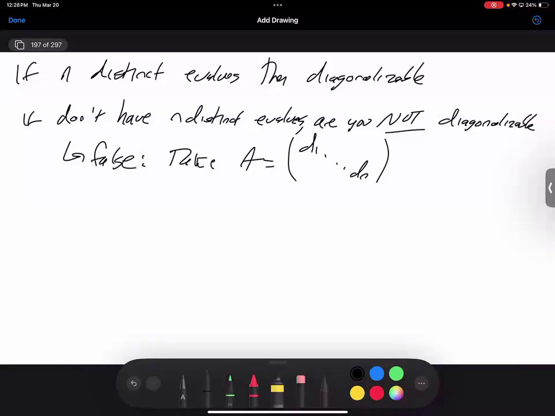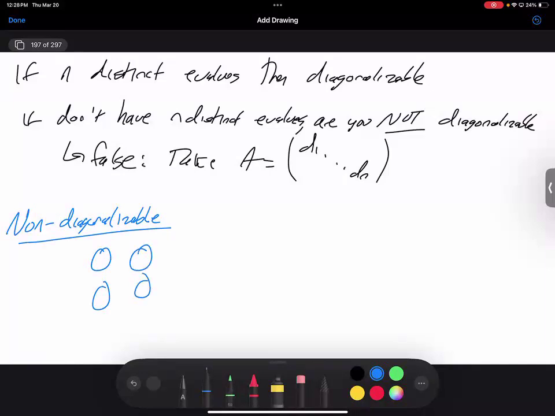And so everybody should know the example of at least one non-diagonalizable matrix. Anybody know an example? Well, 1, 1, 0, 1, right?